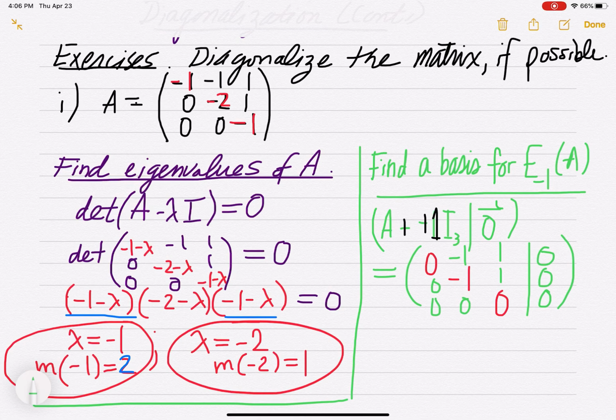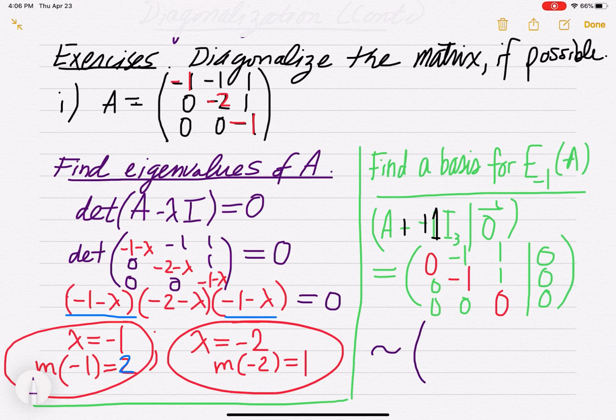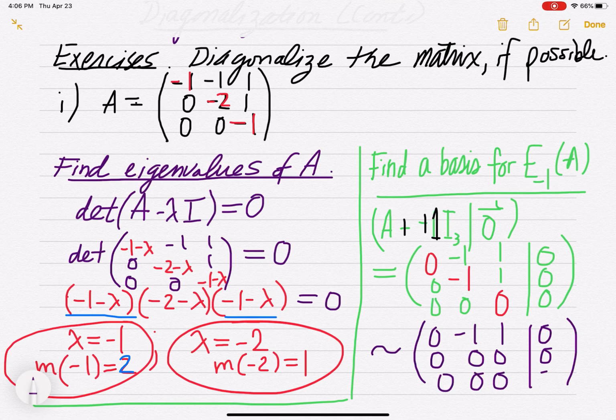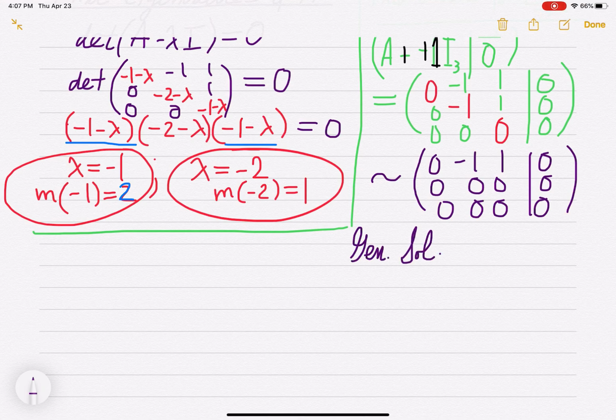So let's reduce this. I can actually multiply the first row by a -1 and add to the second row, and I'll get 0, -1, 1, 0, 0, 0, 0, 0, 0, 0, 0, 0. And we think of this as a system of linear equations, a homogeneous system. Look at the general solution. It looks like we're going to have 2 free variables.